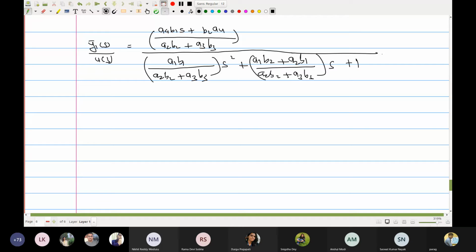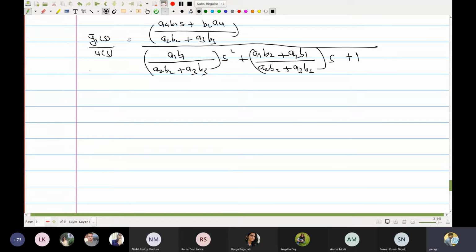Okay, and you can as well write here y2 bar of s upon u bar of s. Everywhere should be a bar.